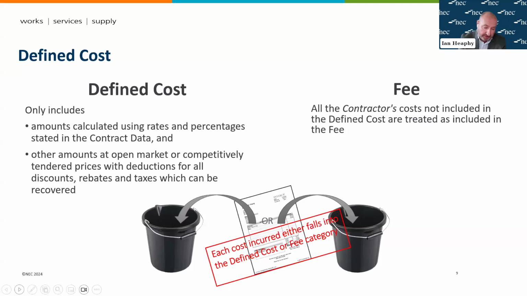For any amounts that are not covered by rates and percentages stated in the contract data, they have to be included on the basis of an open market or competitively tendered price. So they need to represent, if you like, value for money.